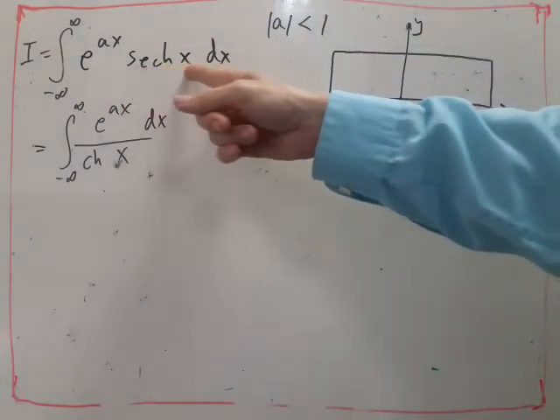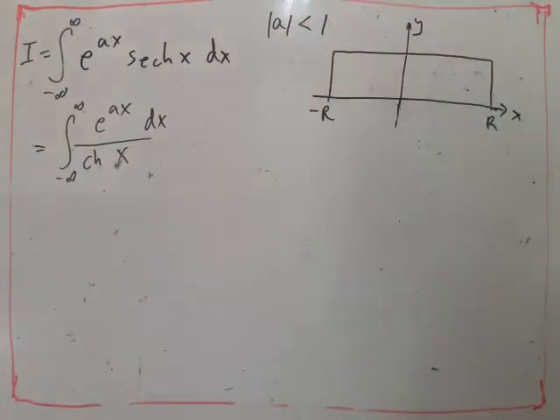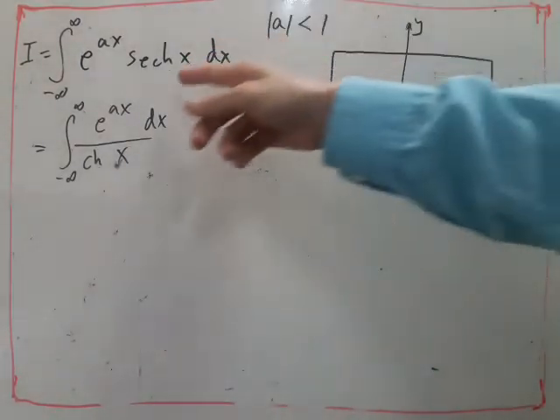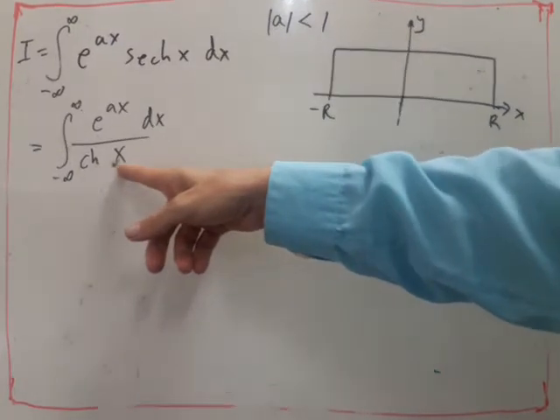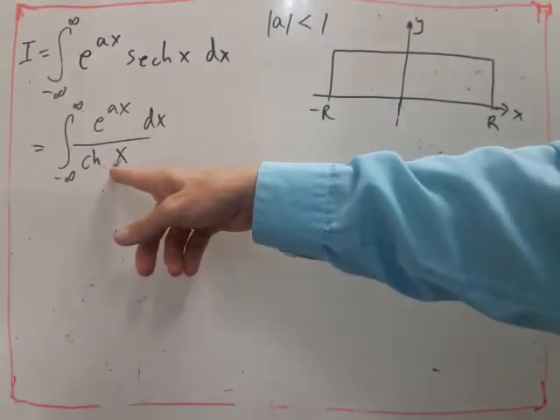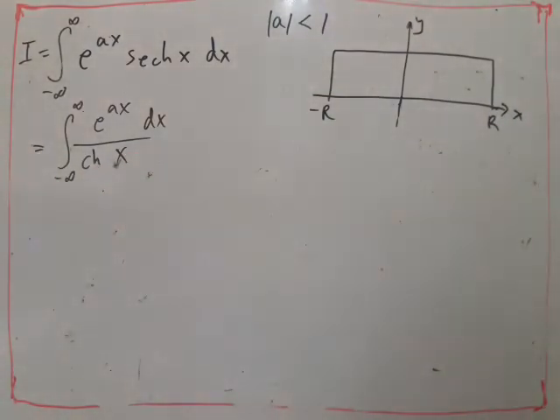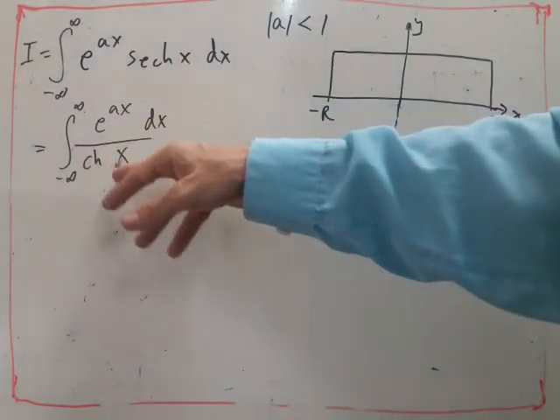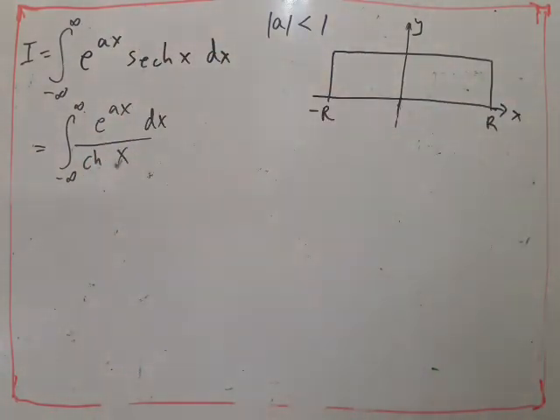But because modulus of A is less than 1, the sech x on the bottom, which is of course half e to the x plus e to the minus x, will beat this thing on the top. So the integrand itself will indeed go to 0 as x goes to plus or minus infinity in all cases.